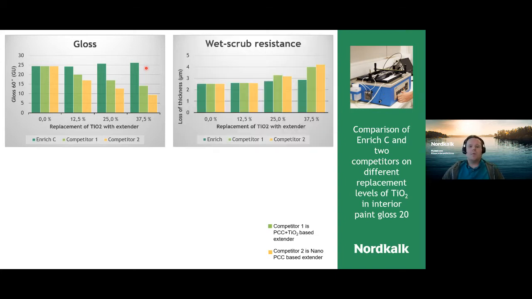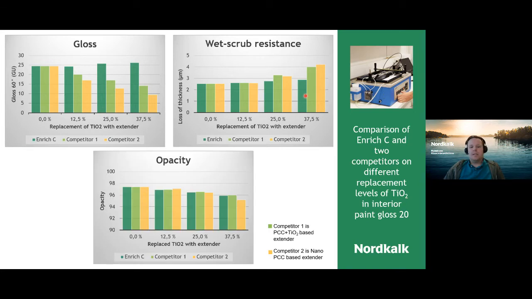Then wet scrub resistance, not such a critical weakening if we look at these competitors, but anyway those are also getting weaker. We are getting closer to the limit of 5 micrometers much quicker, and now only replacing titanium dioxide.